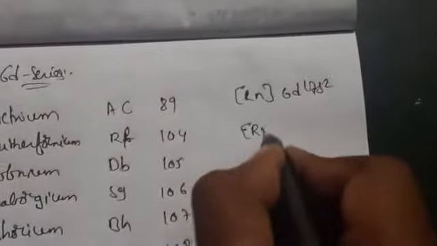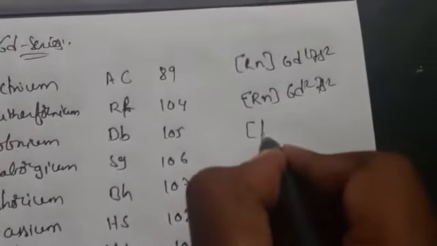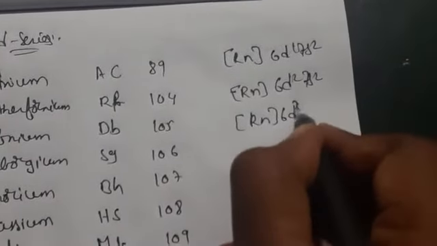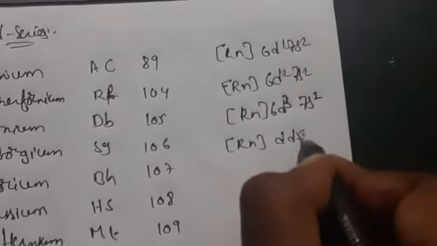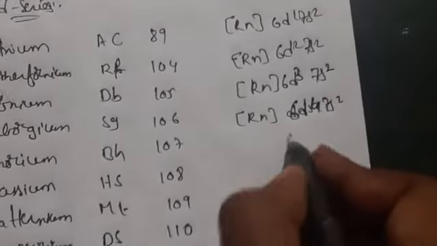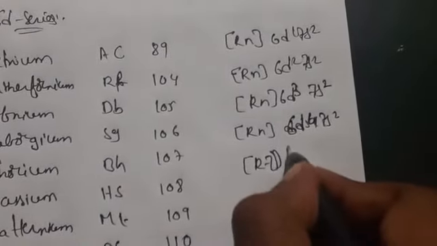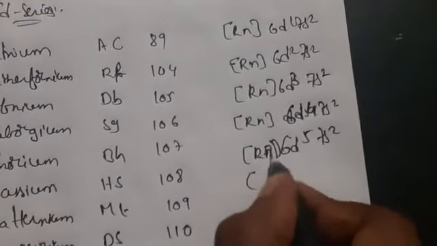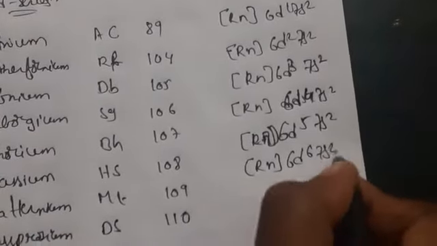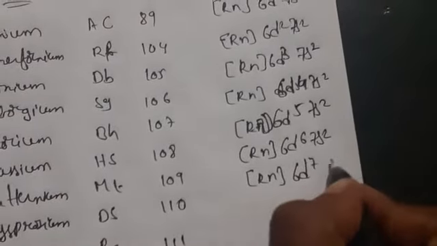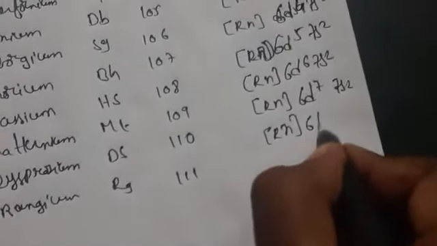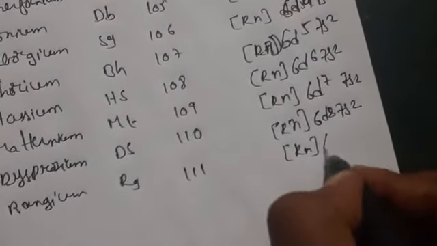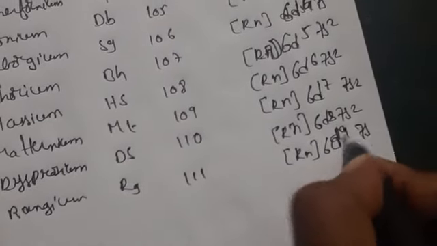So here also radon 6d2 7s2, then the following elements radon 6d3 7s2, 6d4 7s2, 6d5 7s2, 6d6 7s2, 6d7 7s2, 6d8 7s2, radon 6d9 7s2, 6d10 7s1. So these are the electronic configurations, which is an incomplete series.